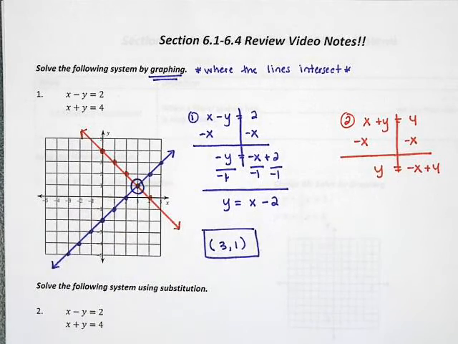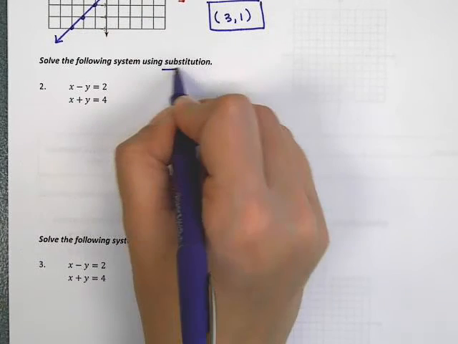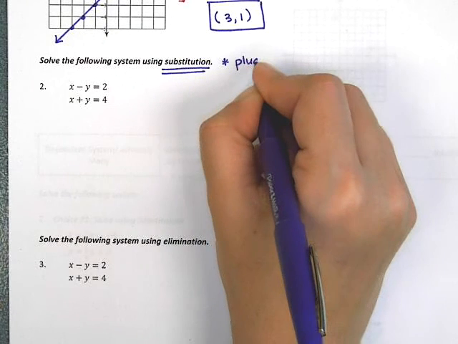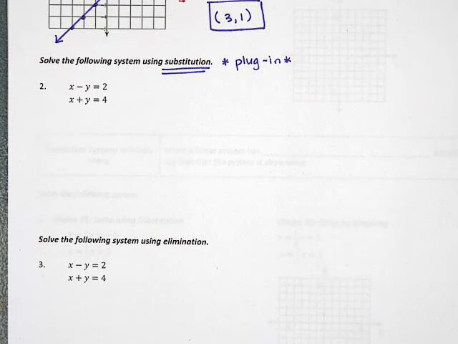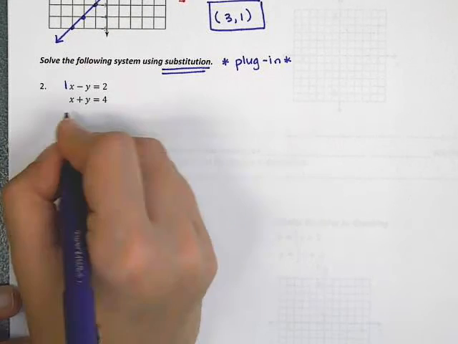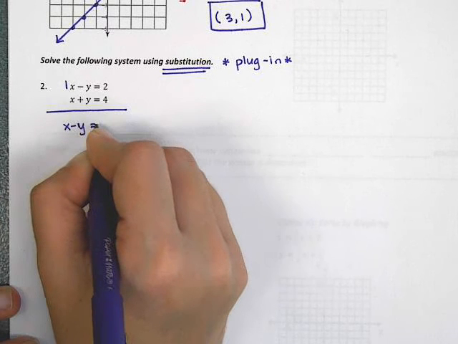Now let's solve this exact same problem but using substitution. I know that to use substitution, I'm going to be plugging something in. So in order to do that, I need one of the variables to be by itself. In the first equation, I notice that the coefficient of the x is a 1, which means that's a good equation to rearrange.